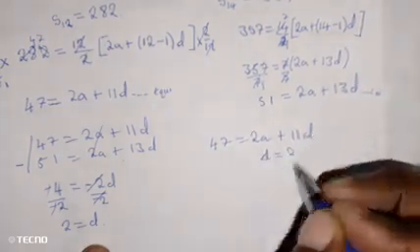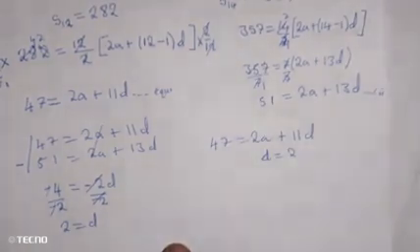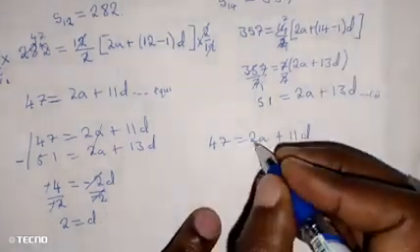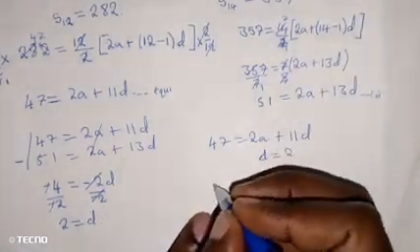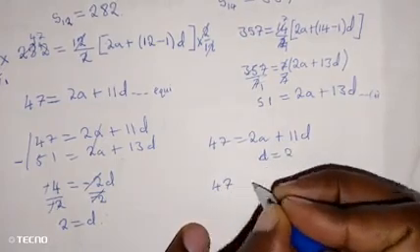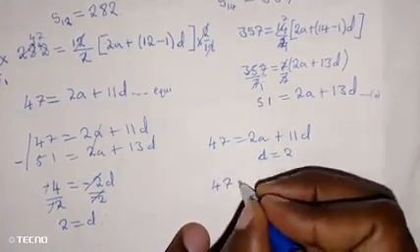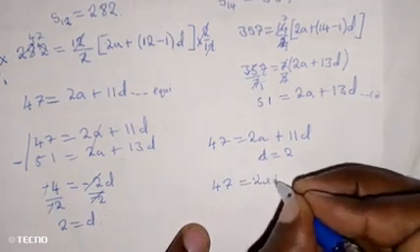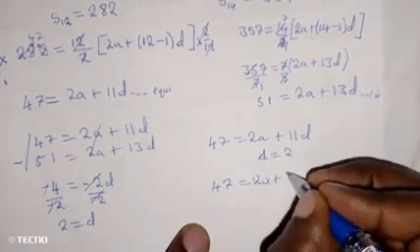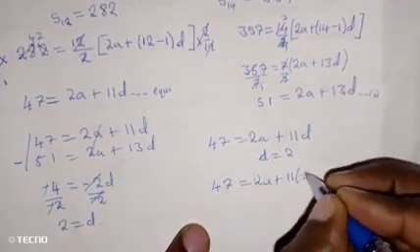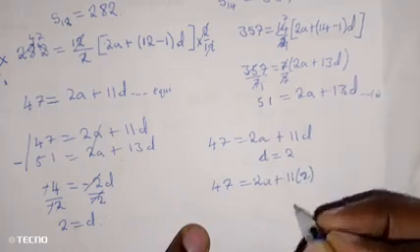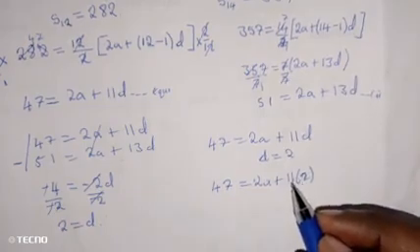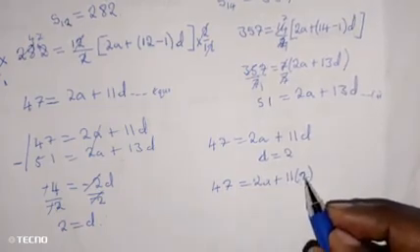Where there is d, we replace it by 2. So 47 is equal to 2a plus 11 times 2. Once you multiply 11 times 2, we have 22.